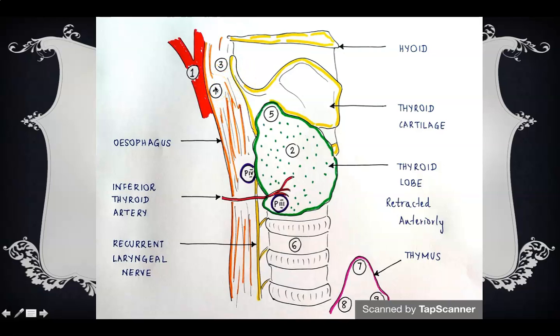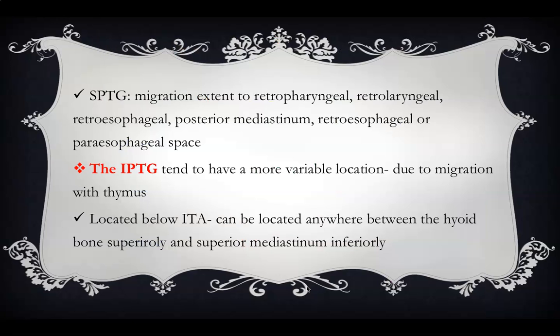Then fifth is the superior pole of the thyroid gland. Sixth is the paratracheal area, and seventh is the intrathymic area. Eighth is the aortopulmonary area, and ninth is the superior mediastinum area. But this is not important for you people. Just to make the topic interesting, I'm showing this diagram to you.